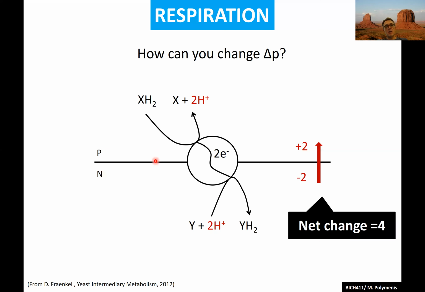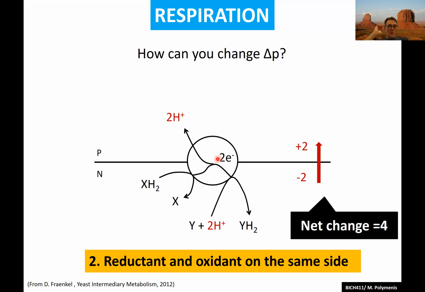And again, this happens only when you have membrane-bound reactions, which all the electron transport chains are, in the membrane. Okay, you can also have the reductant and the oxidant on the same side. In this case, again, you put them on the inside. Assume this is an NADH, so the 2 protons leave the NADH.